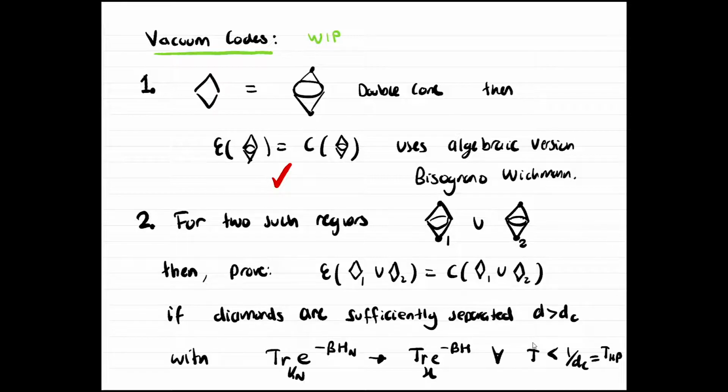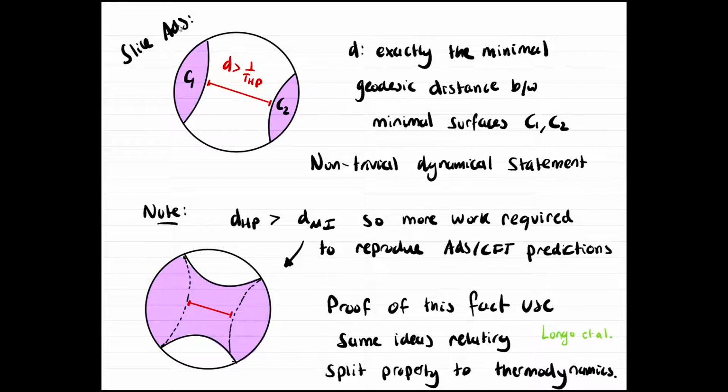And so, of course, we expect that to be true below the Hawking-Page transition. Okay, so below the Hawking-Page transition, we can prove this for some correspondence between temperature and distances. What is that correspondence? Well, it turns out it's exactly the following.